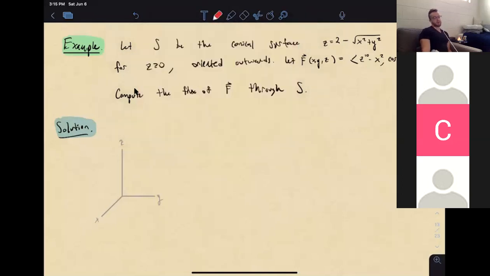So z equals 2 minus the square root, this is going to be a cone opening downwards like that. There's S, and it's oriented outwards, which maybe upwards would have been better, but that probably means this.